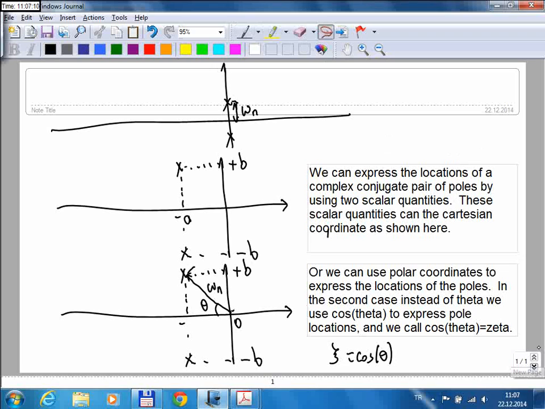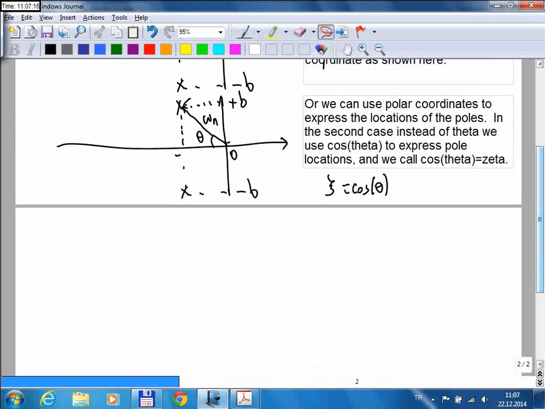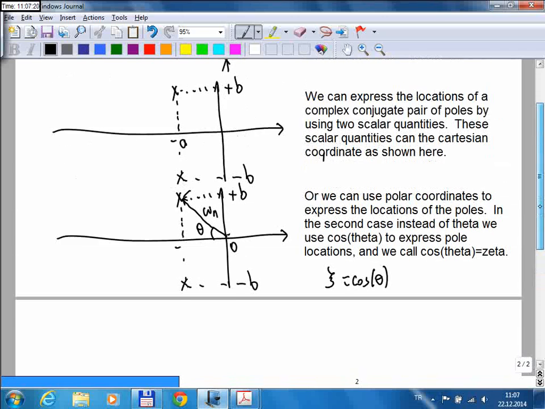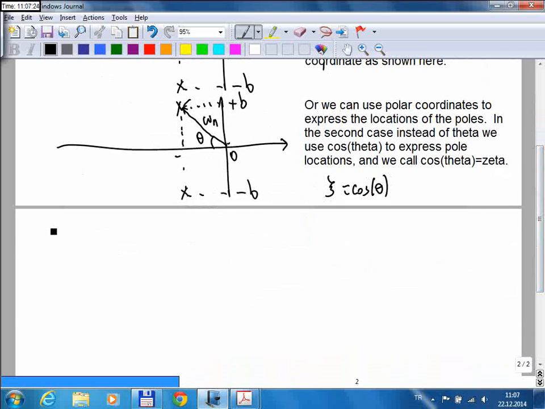Now, let's see what these numbers mean on the response of the system. So let's start with the first case. Suppose we're using Cartesian coordinates. In this case, our poles are at minus a plus or minus bj.